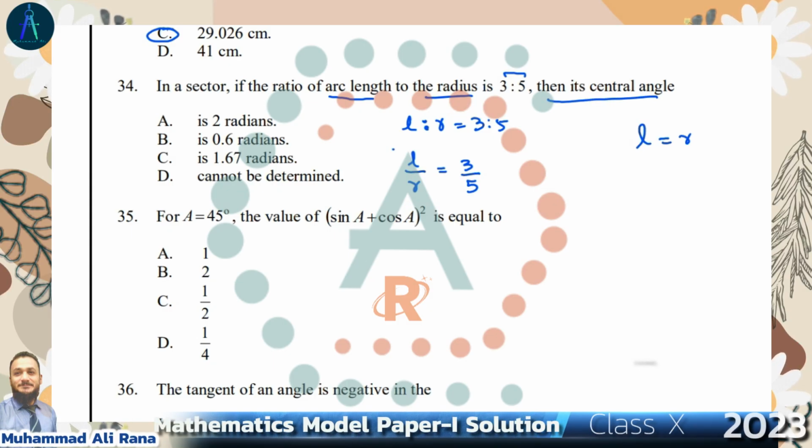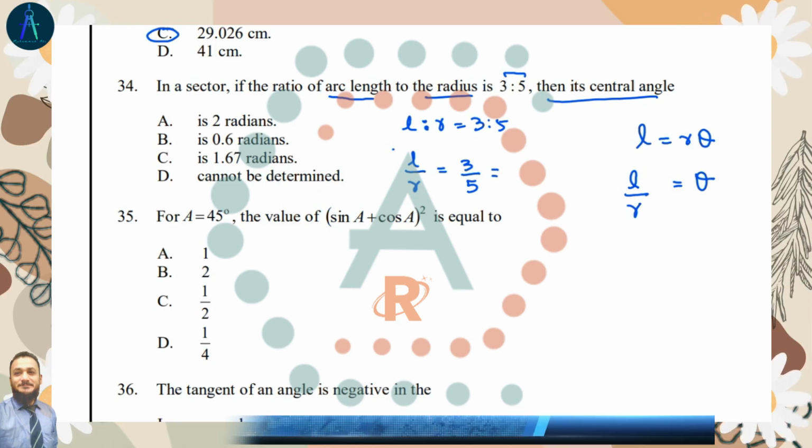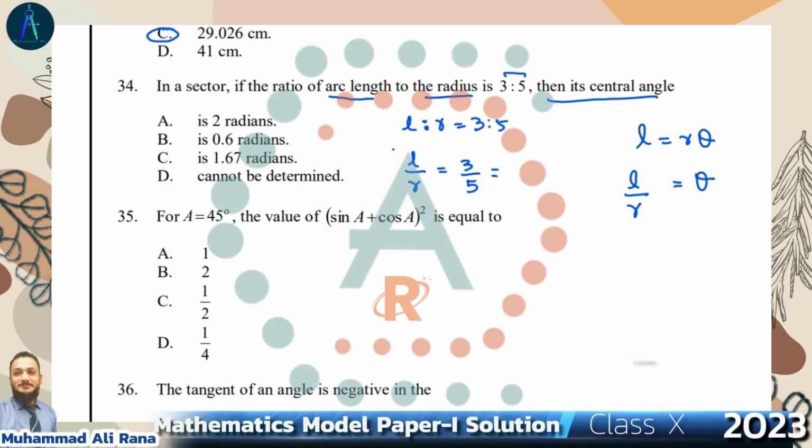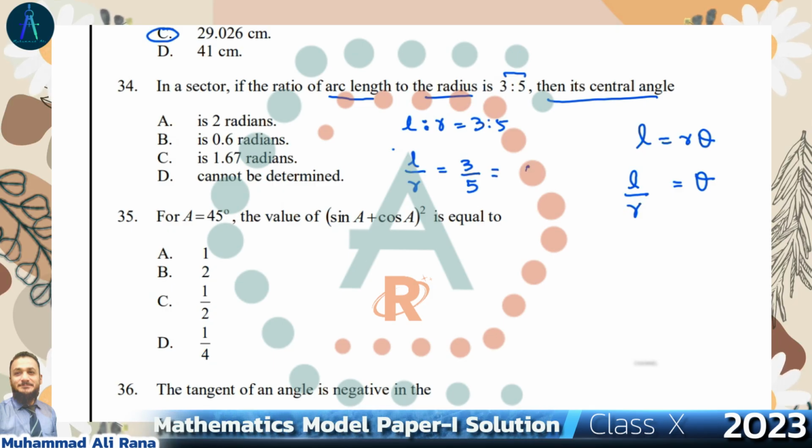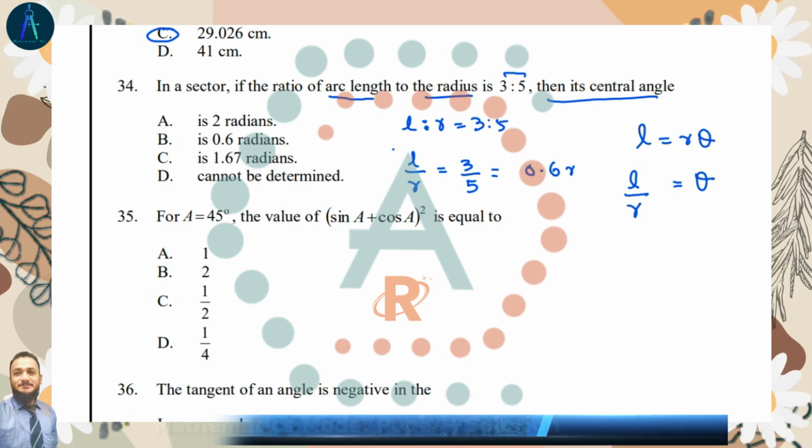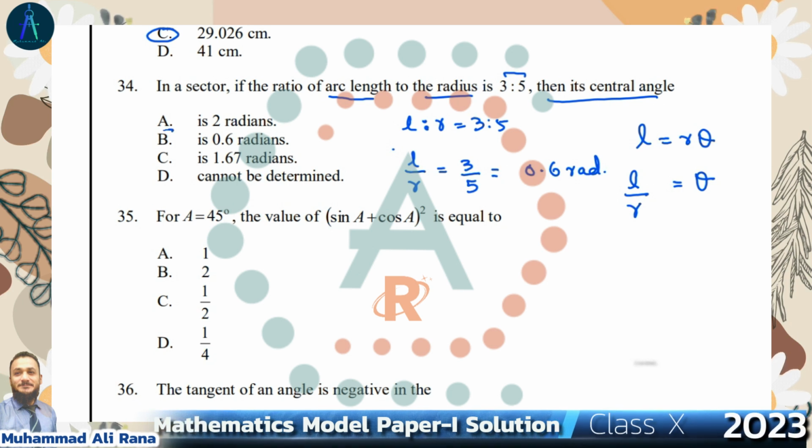We know that L is equal to R theta, so theta will be equal to L over R. So L over R is 3 over 5, and 3 divided by 5 is 0.6 radians. So the answer will be option B.